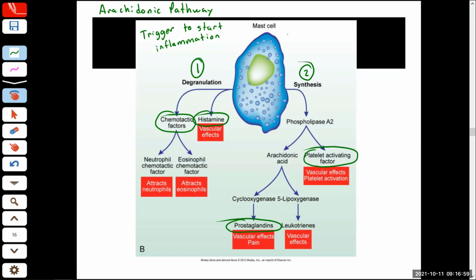To continue, or prolong, or extend, I'm just going to say to continue inflammation. Who's going to tell the mast cell to stop synthesizing histamine? The eosinophils, your shutoff valve there. Okay. So that's how you can take a look at this picture. Left side is for starting, right side is for continuing. Okay.